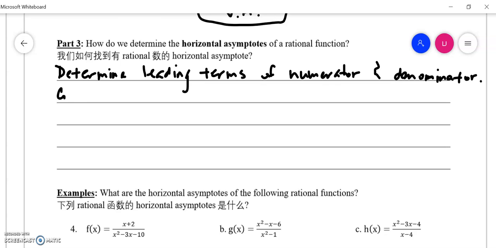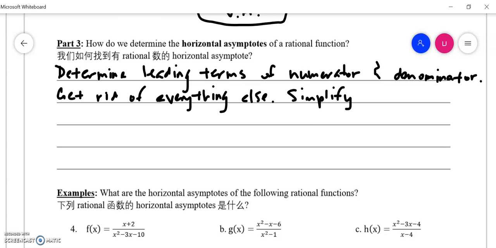Get rid of everything else. We only are interested in the leading terms. Simplify the leading terms.